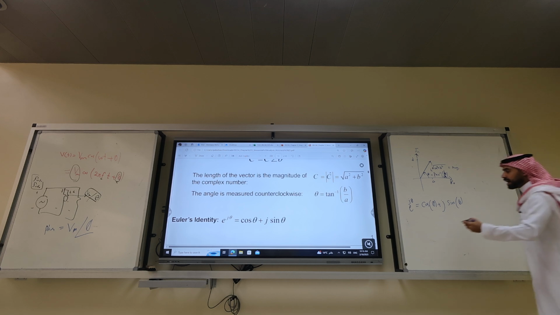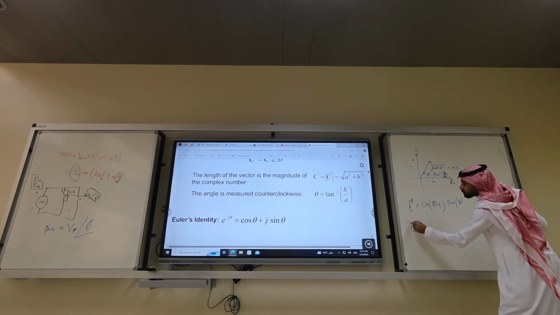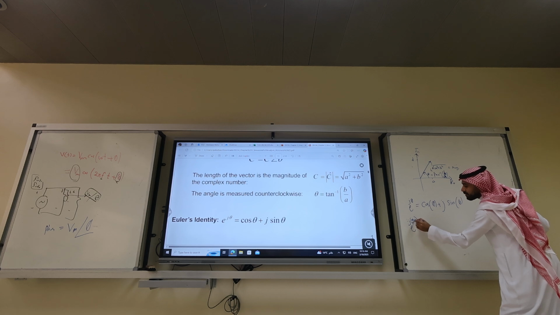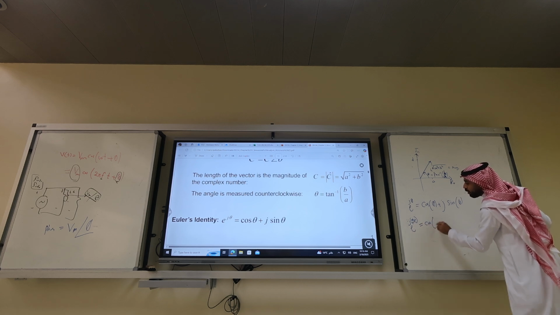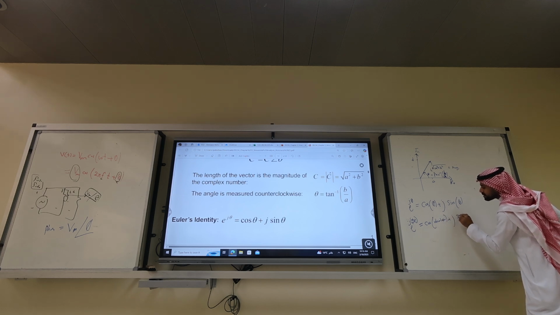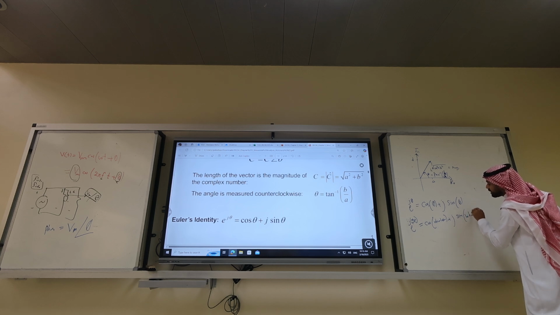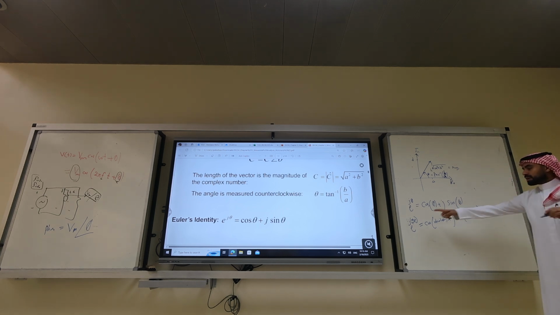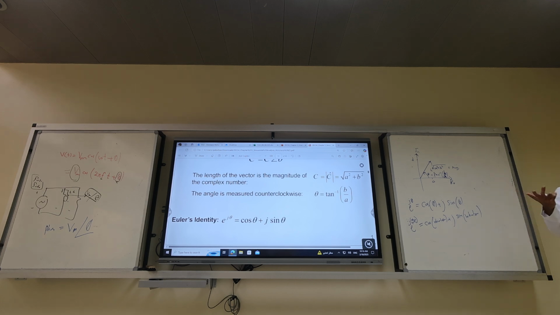Or I can rewrite it: e to the power of j times whatever equals cosine of whatever plus j times sine of whatever. So whatever here can be anything. It can be omega t plus theta. It can be a resistor. It can be anything. I can rewrite it in Euler's identity.